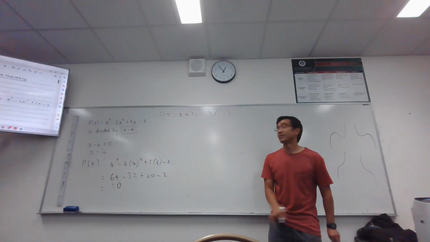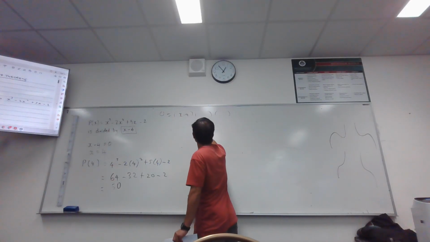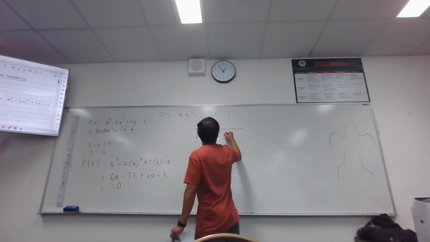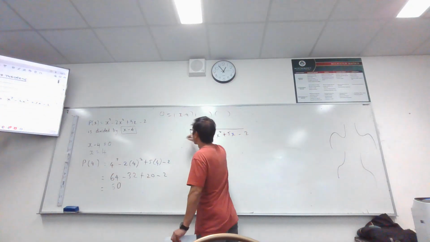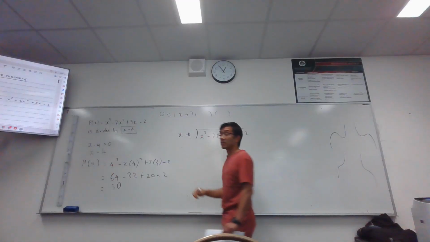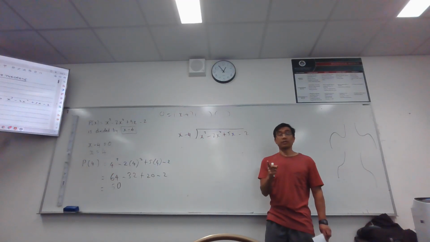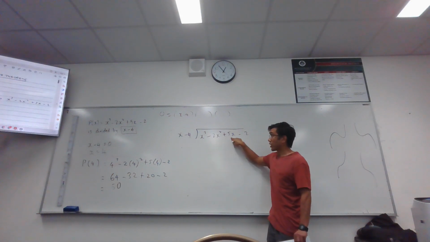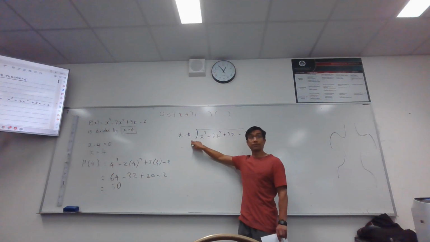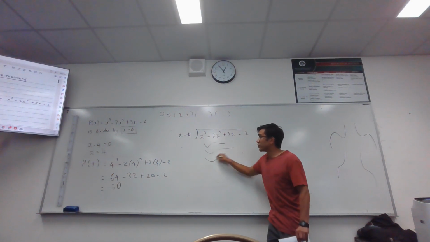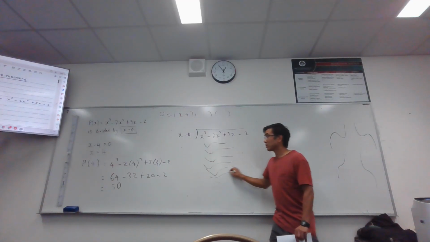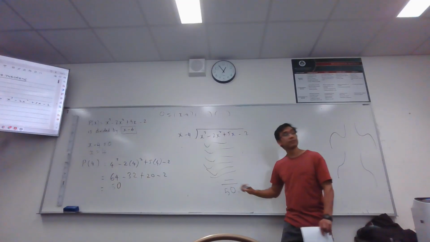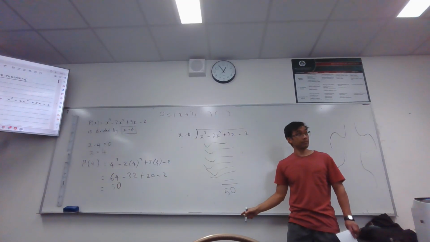Okay. What's going on here? So this is what's happening. If I got my equation and I divide it by x minus 4, if I do my long division, at the end of it, you're going to get 50, a remainder.